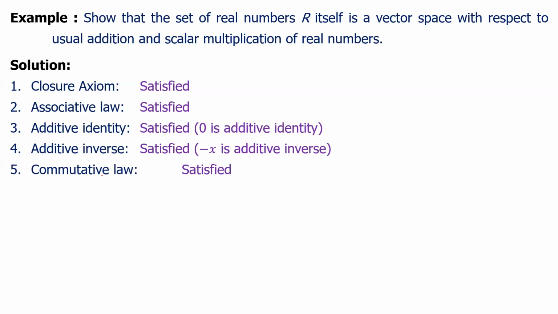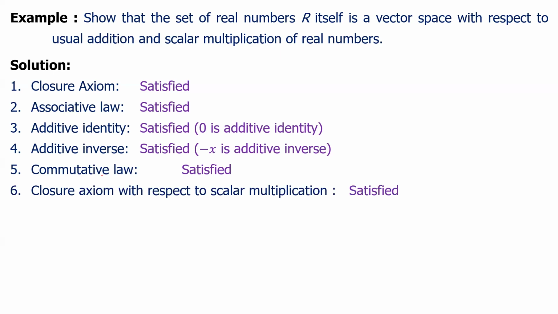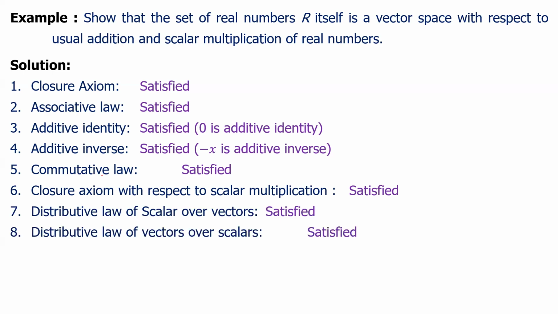Commutative law always satisfied. Closure axiom with respect to scalar multiplication. We know that multiplication of two real numbers is a real number, so it is also satisfied. Distributive law of scalar over vector also satisfied. Distributive law of vectors over scalar also satisfied.